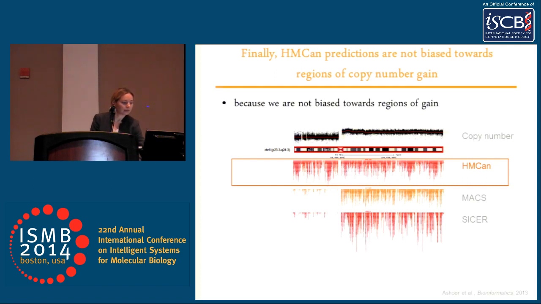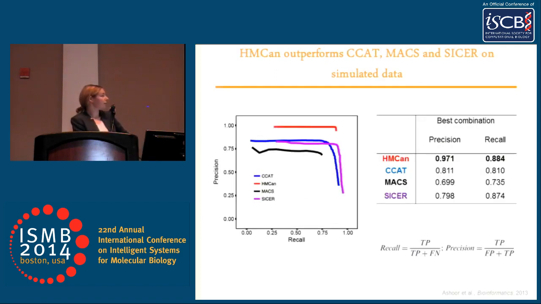And so we further compared the 3 tools, CCAT, MACS, and SICER, on simulated data sets. And of course, when you do a comparison of your tool with other tools on the simulated data set, your tool is always better. This is what we can see here. So we have like recall almost 1 and precision almost 1, but it's simulated data.